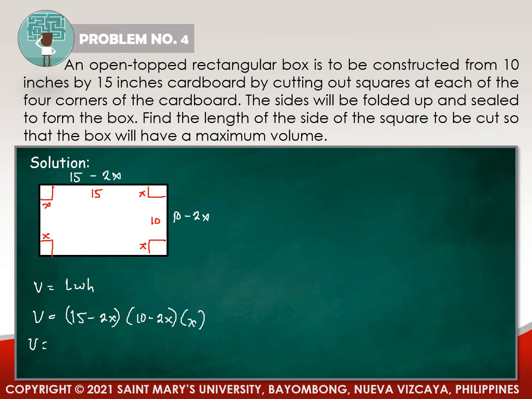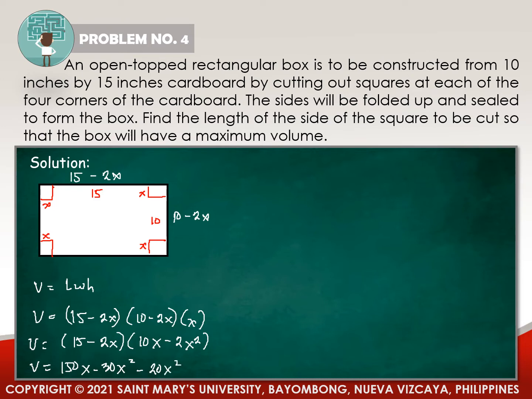So, we have 15 minus 2x. So, 10 times x is 10x. Then, negative 2x times x is negative 2x squared. Okay, so therefore, the volume is 15 times 10x is 150x. Then, 15 times negative 2x squared is negative 30x squared. Negative 2x times 10x is negative 20x squared.